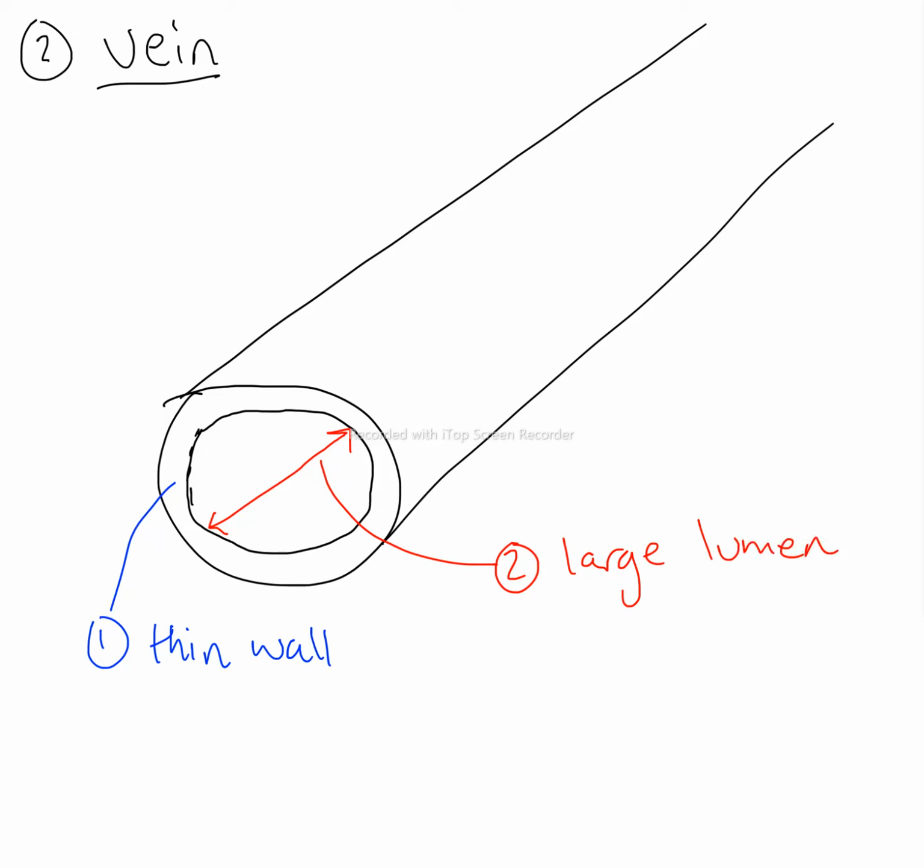It's also got one more feature. It's got valves. So just imagine that's a valve. So the blood is flowing that way. It flows through there, no problem, because the valve's open. But if it tries to flow back, it will stop the flow of blood.